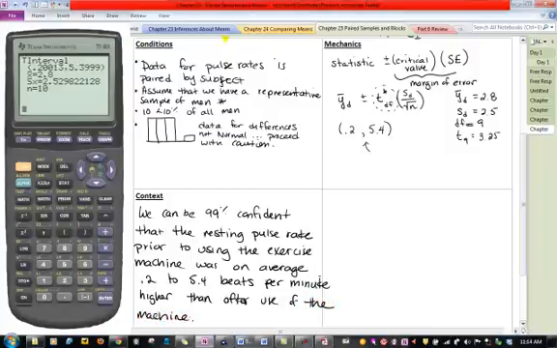We just want to make sure that we are clear about which one was bigger than the other when we're doing one of these difference problems. But otherwise, that is it.